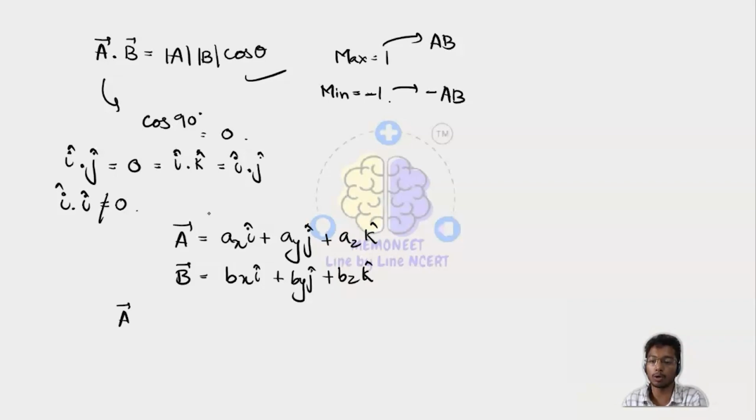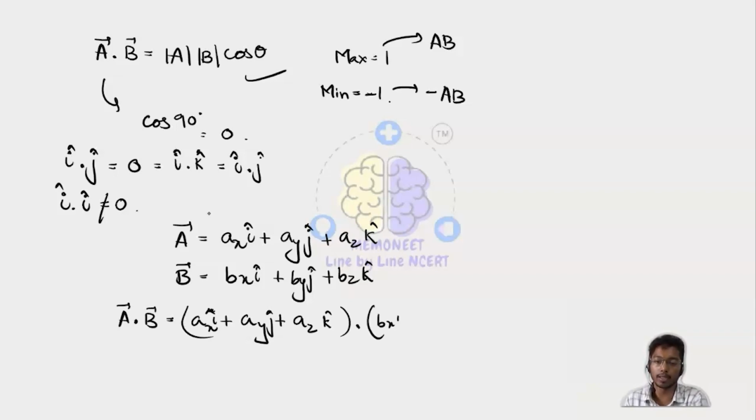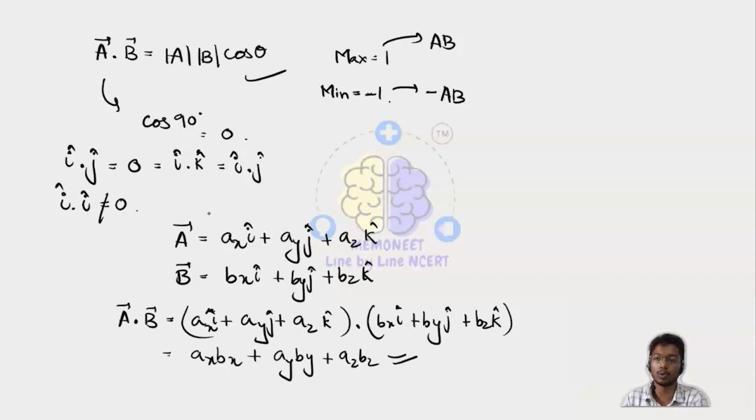If we do the dot product here, a dot b is equal to ax i cap plus ay j cap plus az k cap in dot product with bx i cap plus by j cap plus bz k cap. So this will be equal to ax into bx plus ay into by plus az into bz. This is how we will do the dot product.